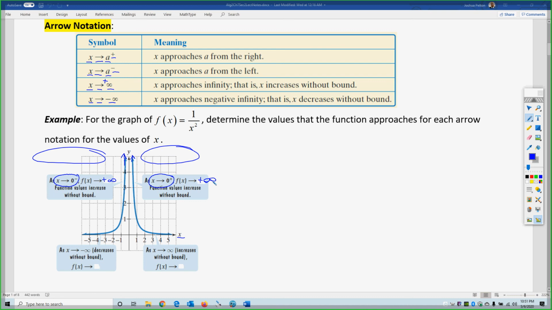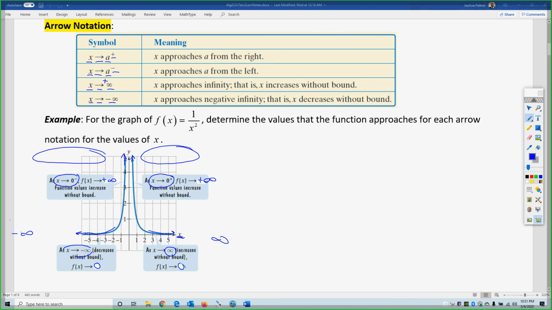Okay. Next, as x approaches negative infinity, which is out here, right? What's happening to the function? Well, the function is getting closer and closer to 0, but never gets there. Next, as x approaches positive infinity, which is out here, the function's approaching 0 again.